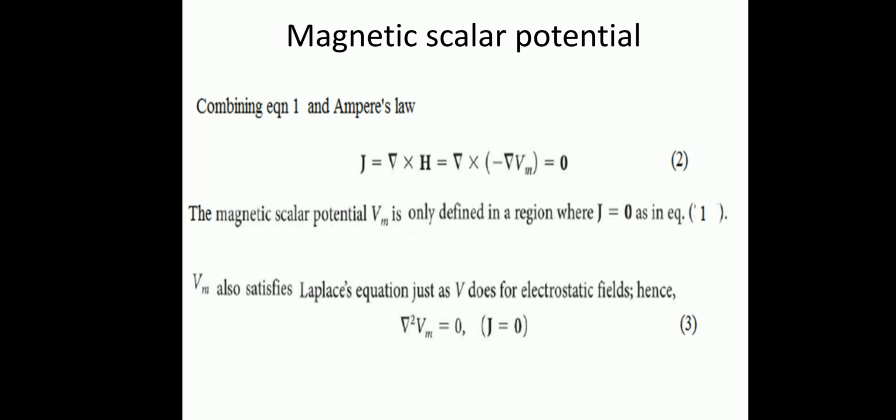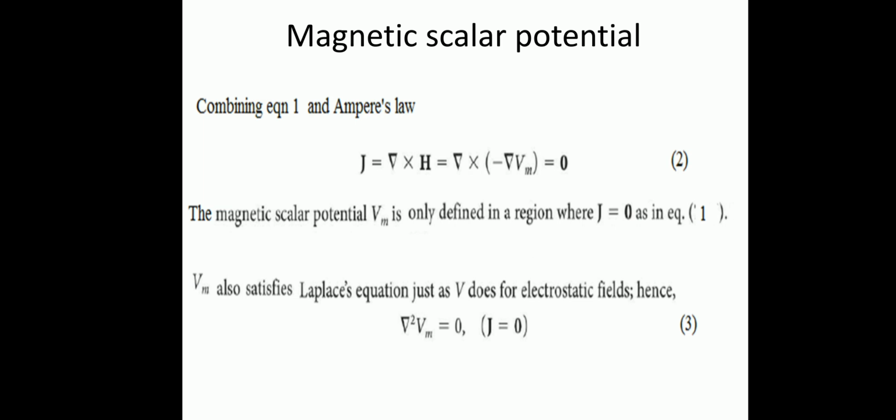That means the potential associated with a magnetic field in a region where J equal to 0 is called the magnetic scalar potential. It also satisfies the Laplace equation, just as in the electric field, where del square V equal to 0 is called the Laplace equation.